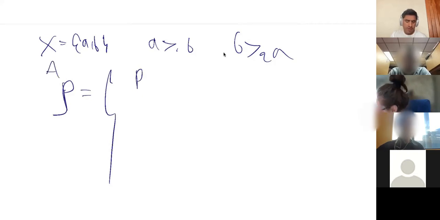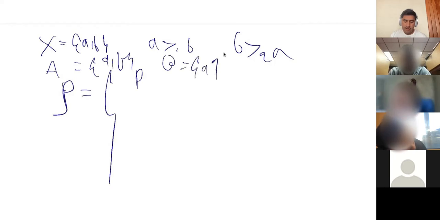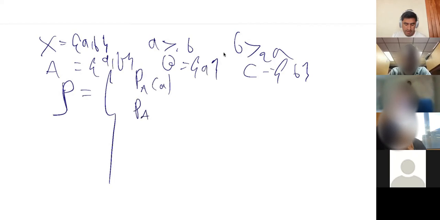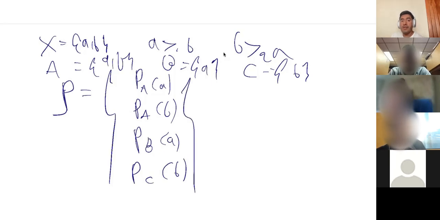I'm going to define 2 menus. Here, I'm going to just put the probability of A and B here. And for simplicity, I'm going to have menu B, which is equal to just the singleton A, and menu C, which is equal to the singleton B. Now I'm going to collect these probabilities inside this: the probability of A, the probability of B in A, the probability of B of A, and the probability of C of B. So this is a vector now.